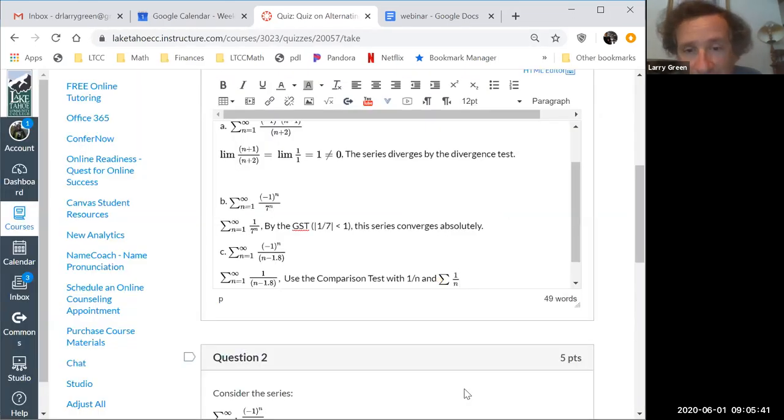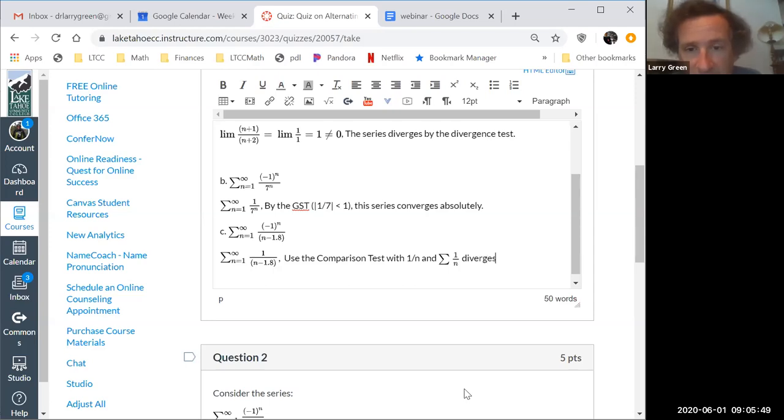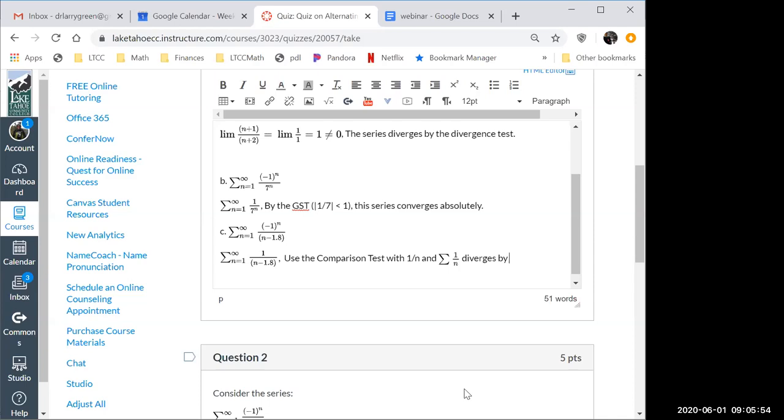Does it converge or diverge? It diverges, by what test? Harmonic series test.